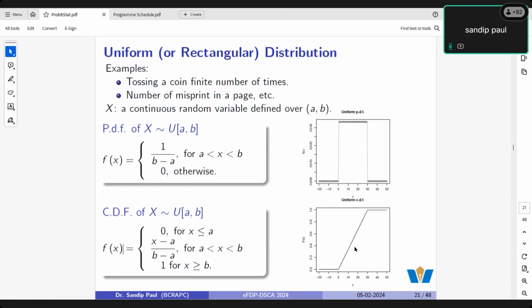Capital F of x is always 0 from the leftmost value of the distribution to 0, and from 0 to 30 it will follow this function, x minus a by b minus a. That's why it is this sloping line, and at 30 and onwards it is always 1. The probability is always 1, so F of x is always 1.